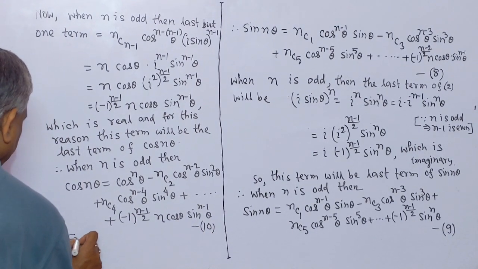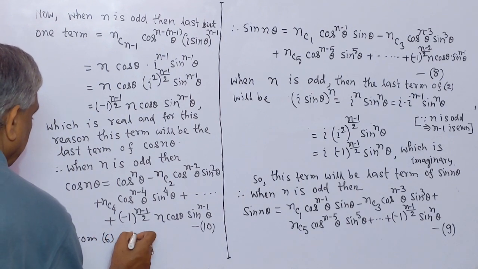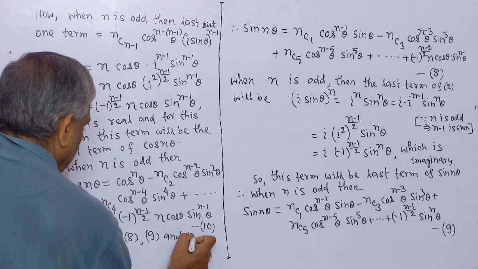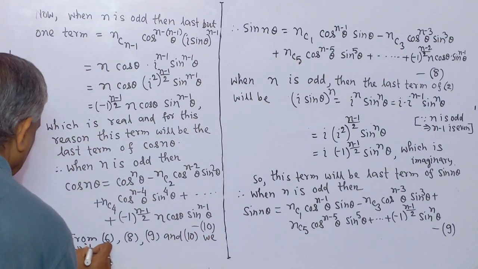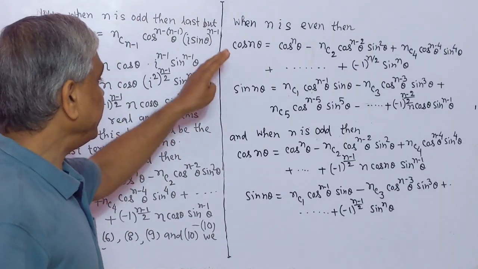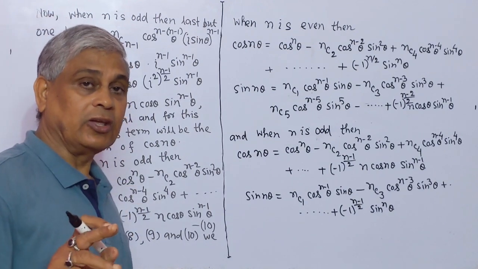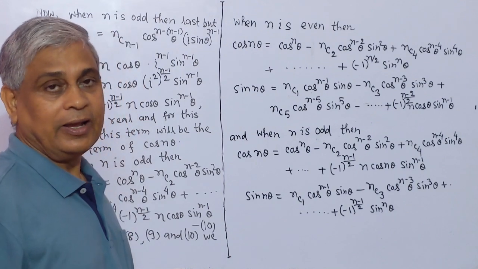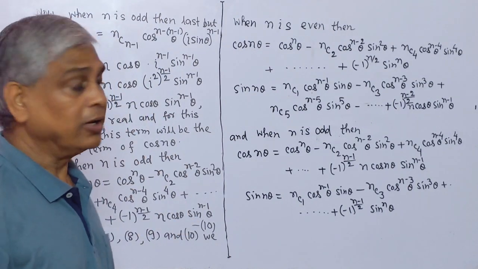From 6, 8, 9 and 10 we write the expansions of cos n theta and sin n theta in two different cases: for n to be an even number and for n to be an odd number.